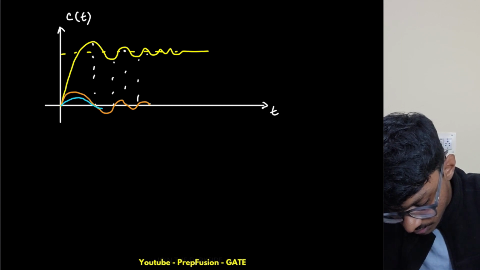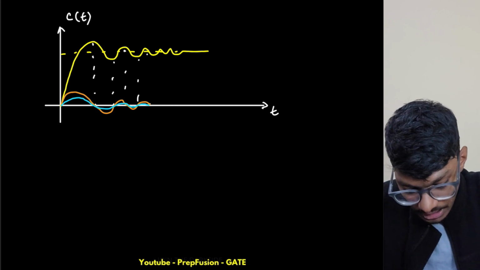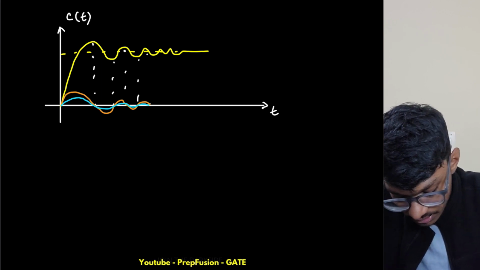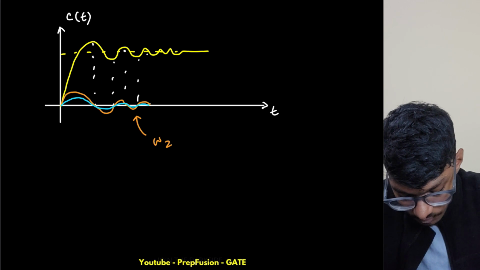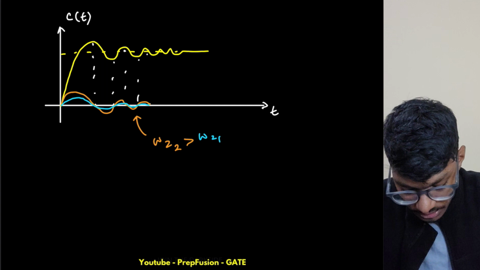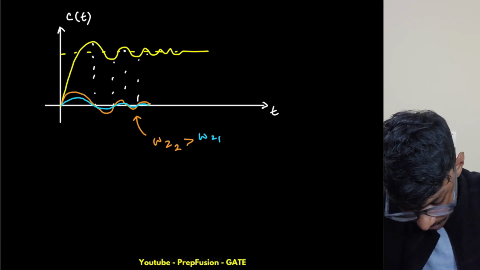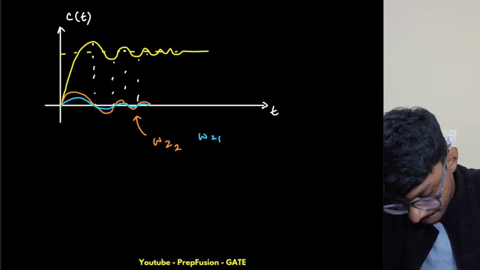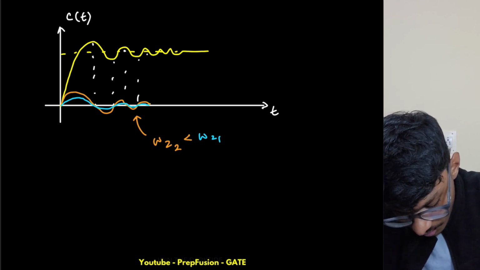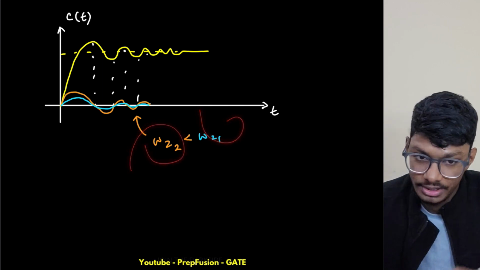Here it is positive, here it is negative, positive, negative and positive. So what is happening is that this orange curve is for omega z2, which is greater than this blue curve, which is omega z1. So omega, sorry, it will be the other way around. Omega z2 is lower than this omega z1.